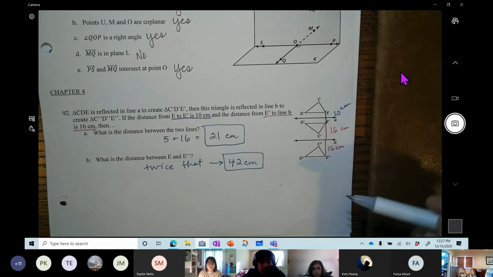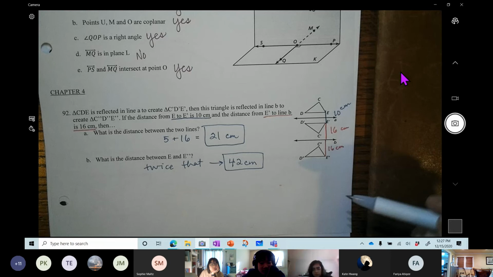Well, again, once you flip it over, E is going to be the same distance to B as B is to E prime. So it tells me the distance from E to E prime is 10. So I mark that blue line as 10. That means each one of these is 5. Maybe I'll even mark it.